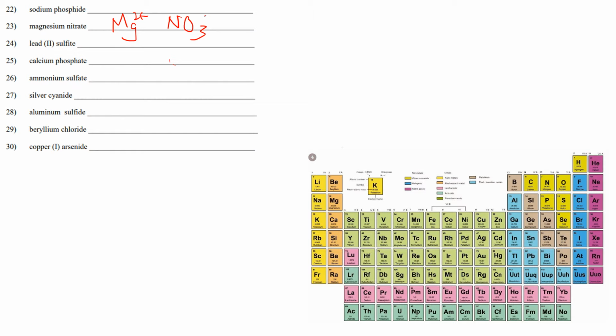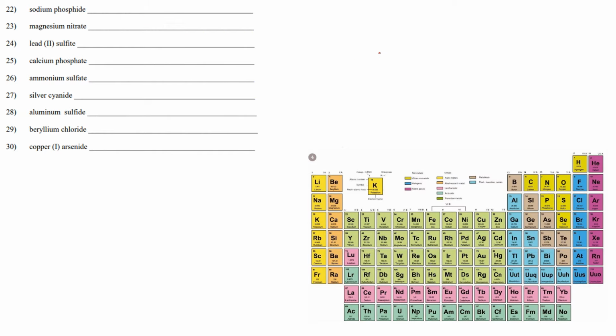So magnesium nitrate, -1. Well, how many nitrates do we need? We need 2. So magnesium nitrate would be Mg(NO3)2, because magnesium has a 2+ charge and nitrate has a 1 negative charge, so you need 2 of those. Now, also keep in mind that when you're writing the formula, you don't add these charges, right?